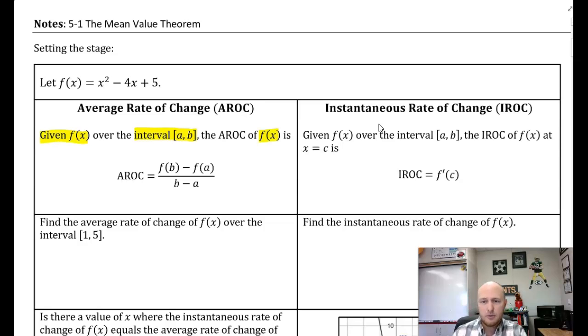So to calculate that rate of change, I take those two function values, y2 minus y1, and I divide by x2 minus x1. Now, instantaneous rate of change, given the same function and the same type of interval, is the slope at a specific point. It's the slope at a specific c value.